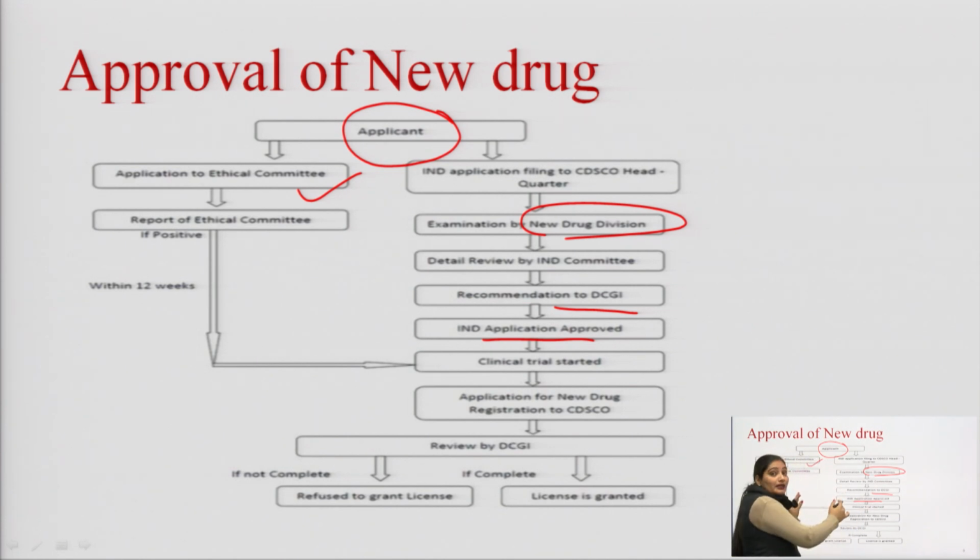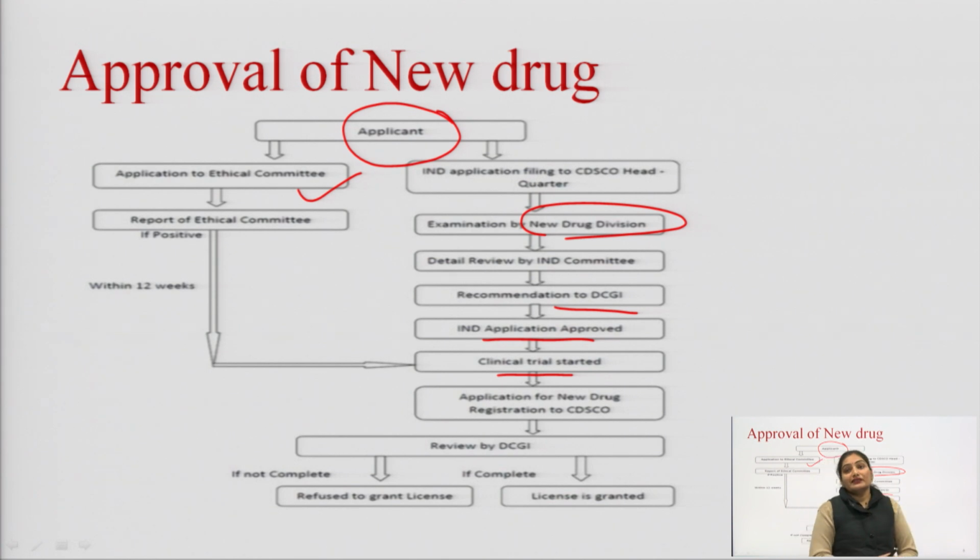And after getting permission from the ethical committee, the clinical trials will be started, and after getting the results from the clinical trials, if the results are found to be positive, that is, the data coming from the clinical trial reports show the drug has more desirable effects as compared to the adverse effect, then the CDSCO will give the permission for the NDA, for the new drug registration, and on the basis of recommendation the license for the new drug approval is granted.